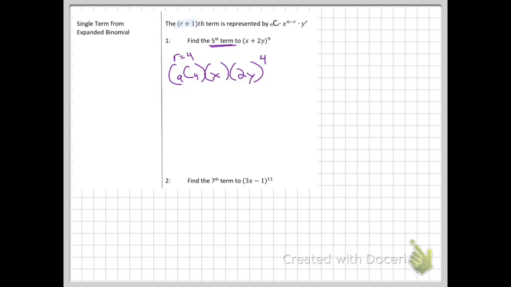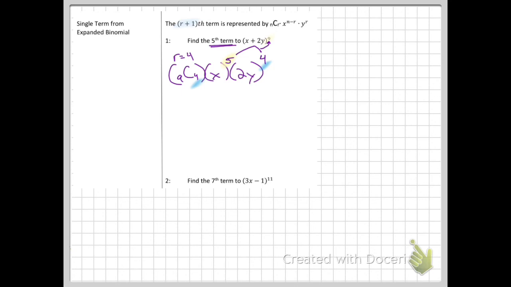These two match. Whatever you put for r here is r here. And then math gives me the other number. This was a 9th power problem. So in order for my exponents to add to be 9, this must be a 5. So these add to be the original exponent.